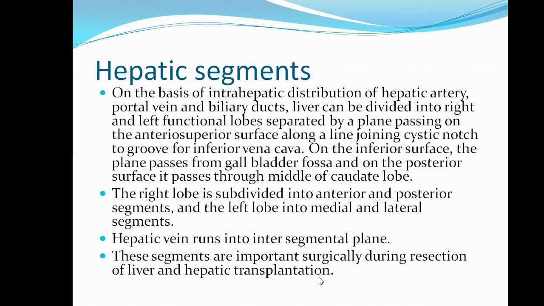So nowadays it is possible to resect a diseased segment of the liver and to transplant a part of the liver, a segment of the liver, into another person whose liver is not functioning due to any disease.